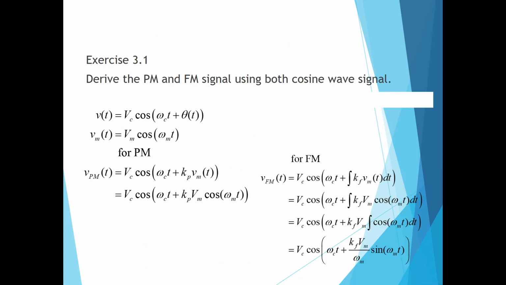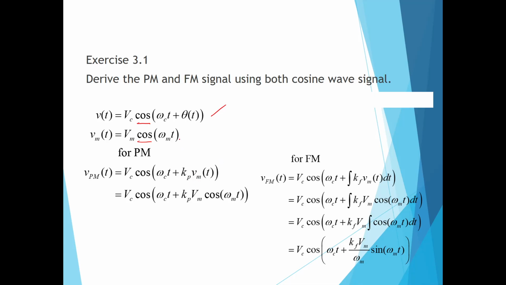Exercise 3.1. Derive the PM and FM signal using a cosine wave signal. This time it uses a cosine. You see that you are given the general equation as a cosine, and the general equation for Vmt is equal to Vm cos omega mt. So you can find the PM and FM signal.